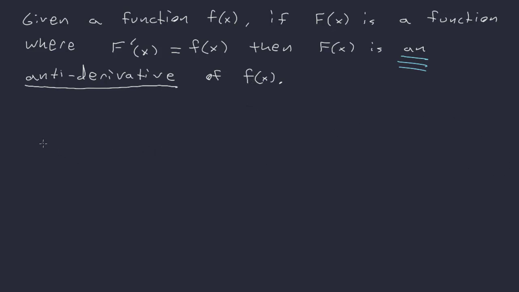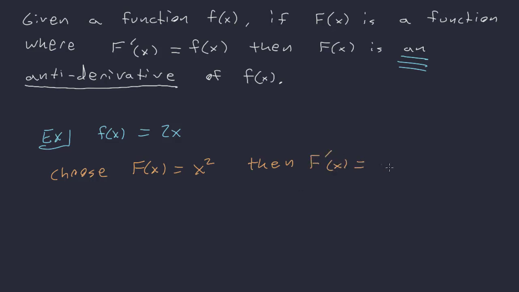So take, for example, a little f of x equal to 2x. Now, I can find a function, capital F, whose derivative will be 2x. If we choose capital F of x to be x squared, then capital F prime will be 2x, which is little f of x.